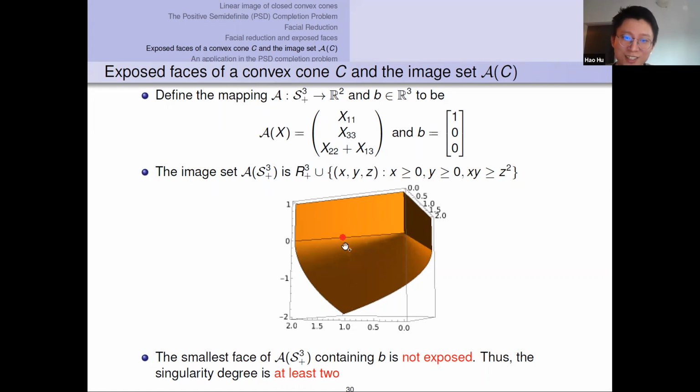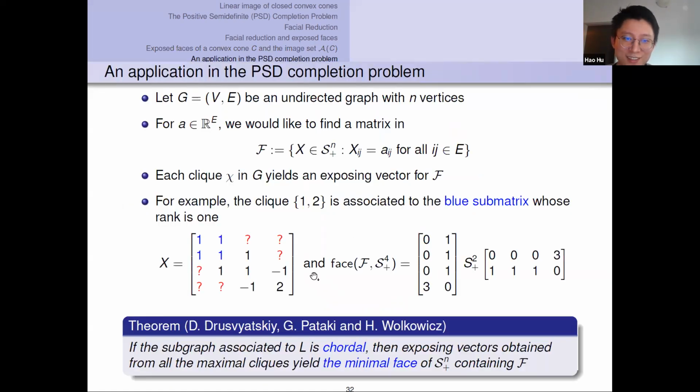So I think, as we discussed earlier, in general this algorithm would solve a random instance completely, as the problem collapses into solving a linear system. I think it's still not clear in the literature when this happens. Here, in case the graph is chordal, we have the minimal face.